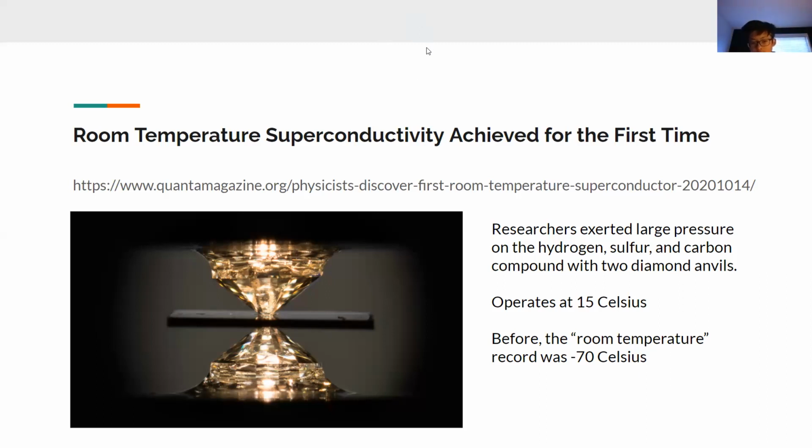What they did here is use these anvils to create very large pressure, and before them, the record was negative 70 Celsius. This pressure, diamond, and their compound worked, and it was very groundbreaking, some really cool pioneering research.